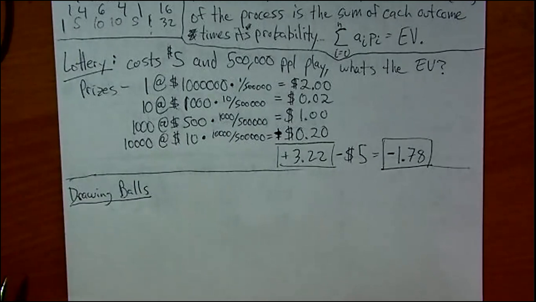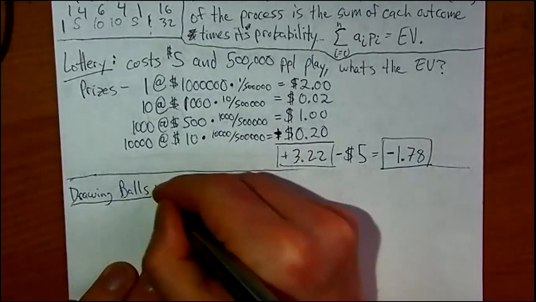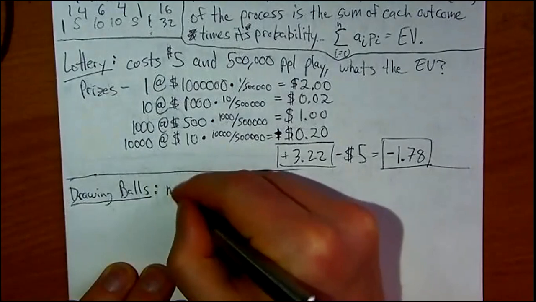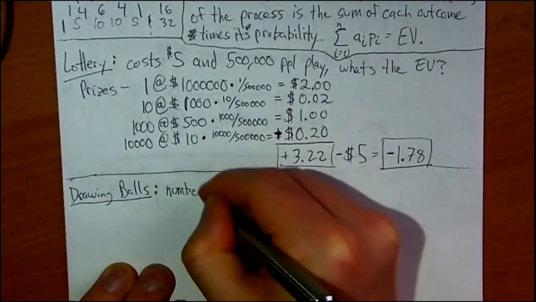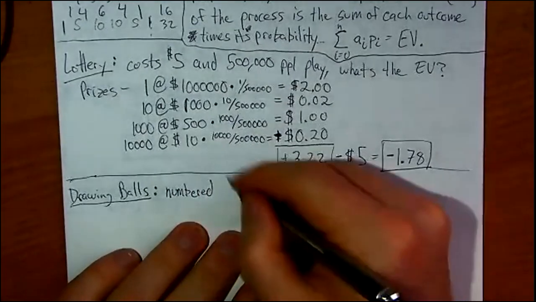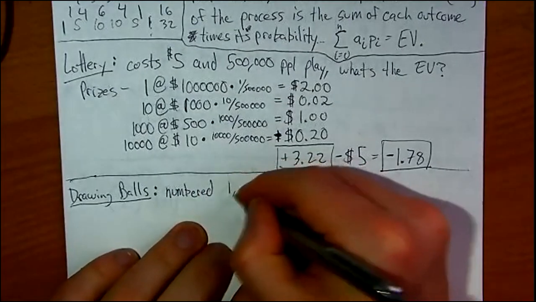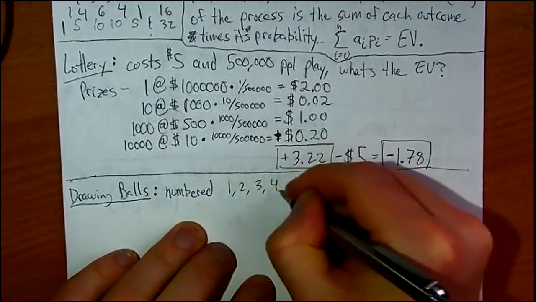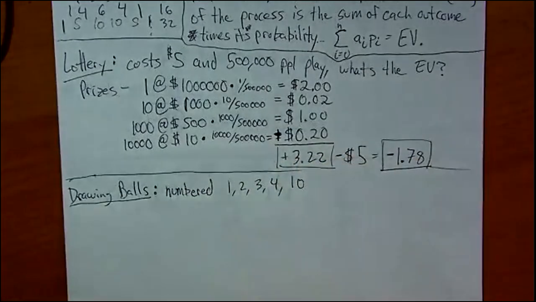So let's play a different game, right? Let's say that we're drawing balls, and each of the balls has a number on it, okay? So the balls are numbered 1, 2, 3, 4, and 10. Okay.